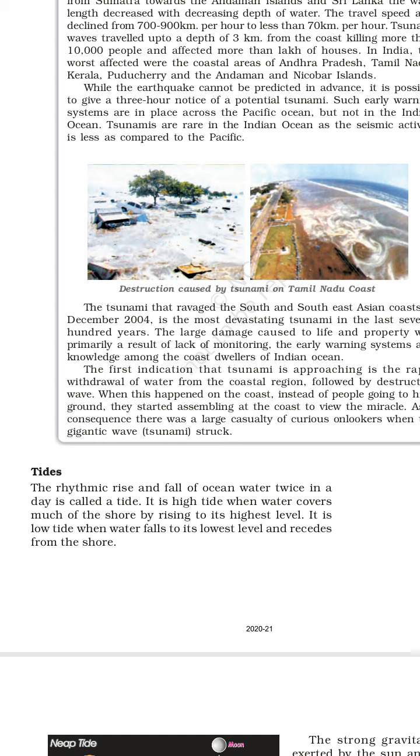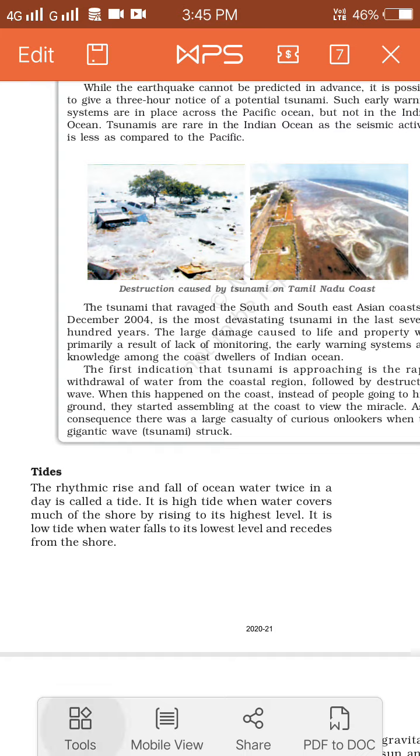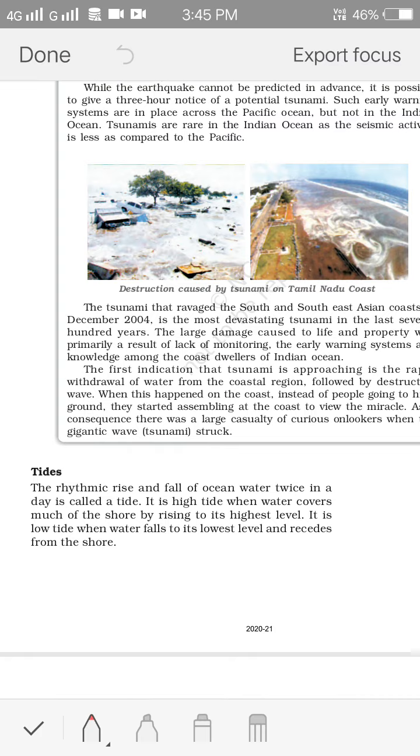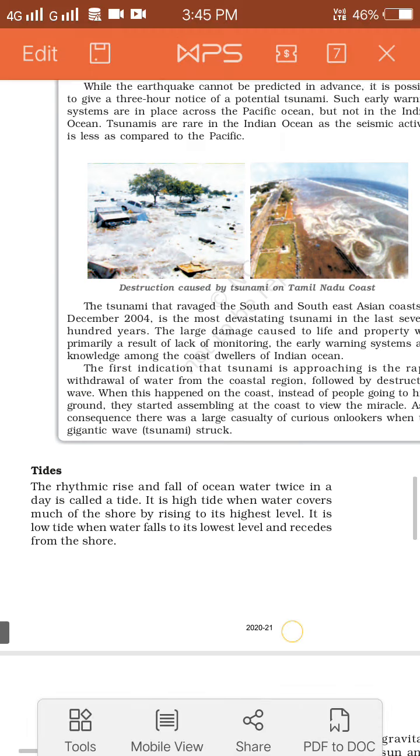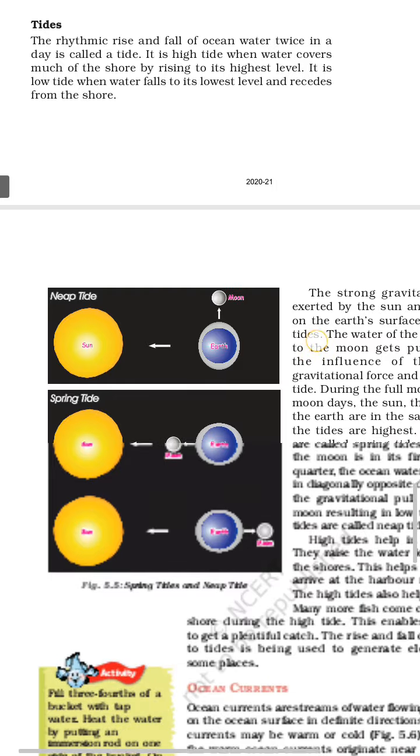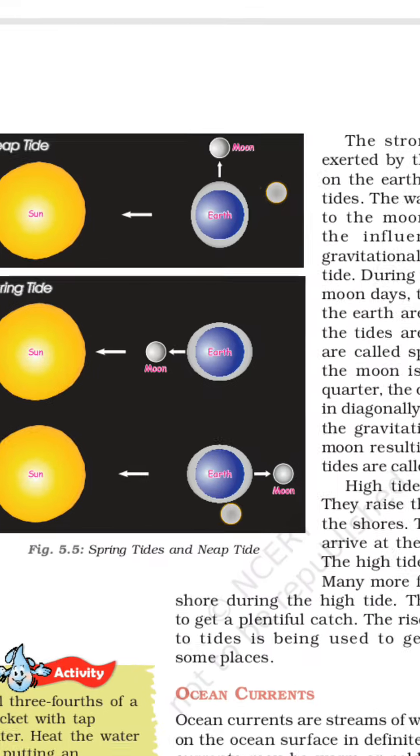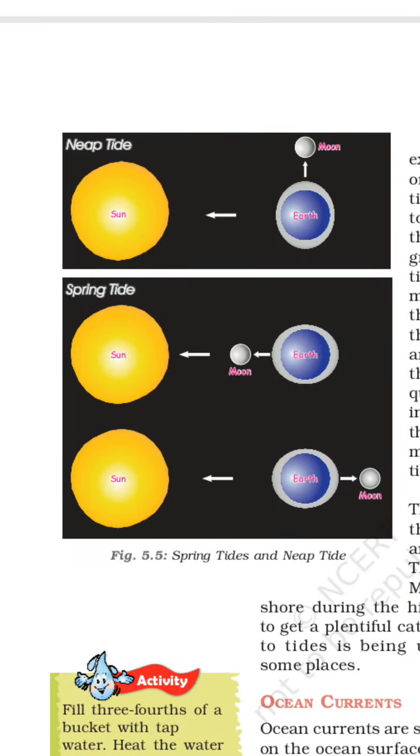Some tides are very low and some tides are very high. There are two types of tides: neap tide and spring tide.